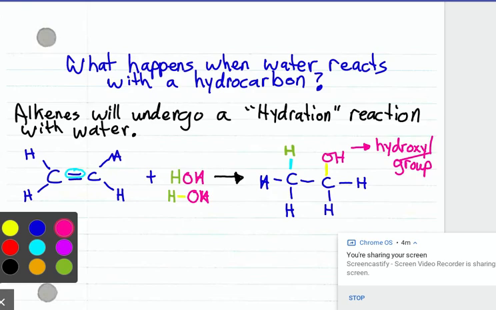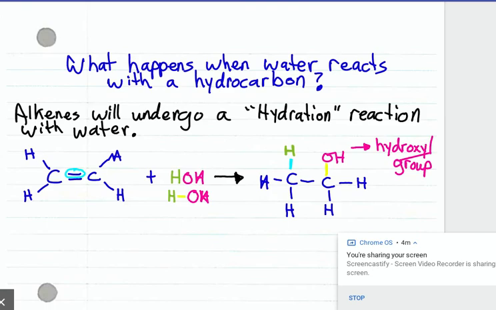Okay, so this hydration reaction actually needs a little bit of a helper. It needs something called a catalyst. So it's going to work best if it is occurring in a sulfuric acid catalyst, so an H2SO4 catalyst. Now, a catalyst is just something that speeds up a reaction. It's not used in the reaction.